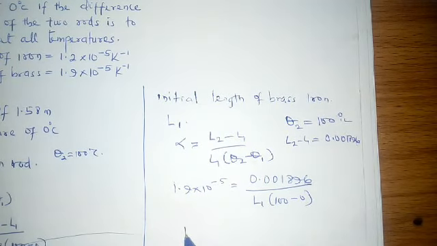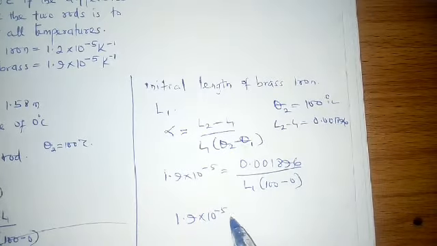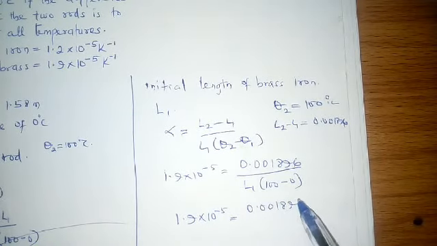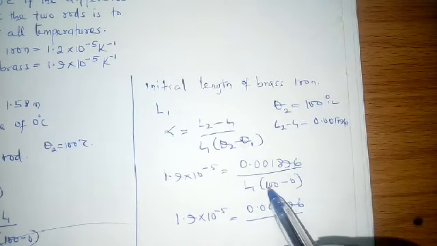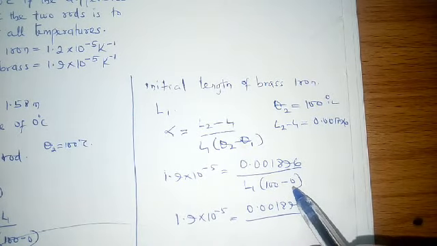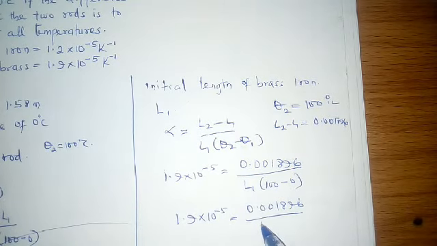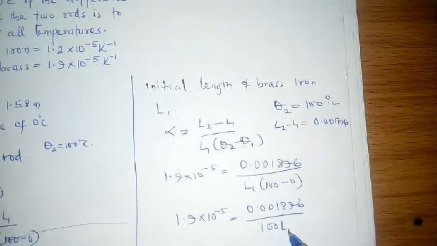So now we have 1.9 times 10 raised to the power of minus 5 equals 0.001896 over 100 minus 0, which will give us 100, times L1, which gives 100 L1.